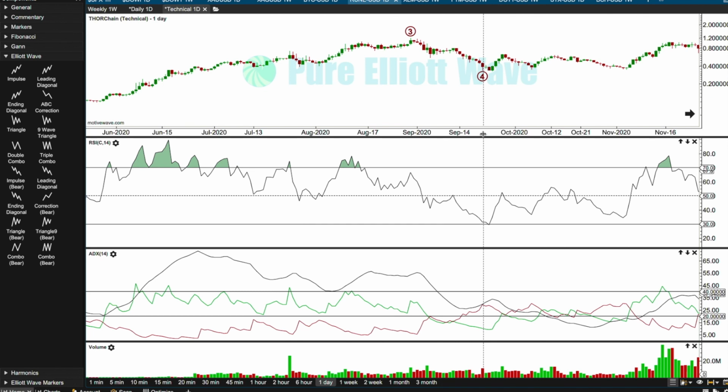Ends with strong volume. RSI barely reached oversold after the low. ADX indicated a downward trend which was extreme. And there's a bullish engulfing candlestick pattern here which does have support from volume. This one here that my vertical line is on, that has support from volume. So that would have been a little bit of an indicator. But what happened here?